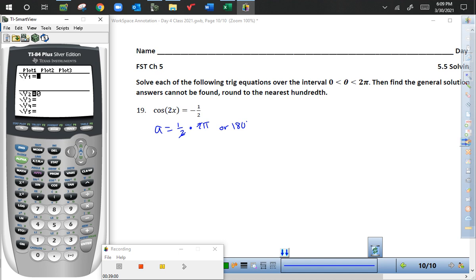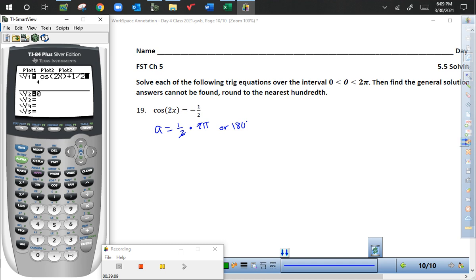Okay, in our y equals, we're typing cosine 2x, and then you're adding over that 1/2. Now, because this 1/2 is one of our nice triangles we know, even though this 2x is there, we should have nice angles pop up for our solutions, and we'll see what they are once we adjust a couple things here.